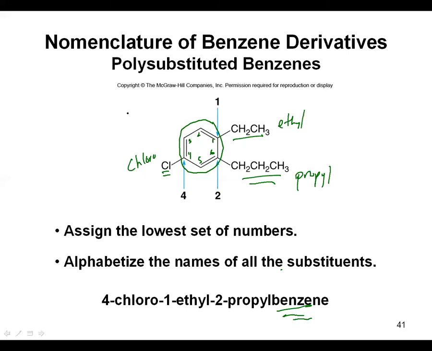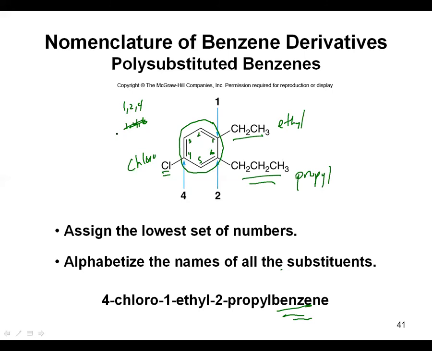So you can see we would have groups at 1, 2, and 4, versus if we went the opposite way, we would have groups at 1, 4, and 6. So this is going to give us a bigger set of numbers. So we would want to go 1, 2, and 4 to get that smaller set of numbers.